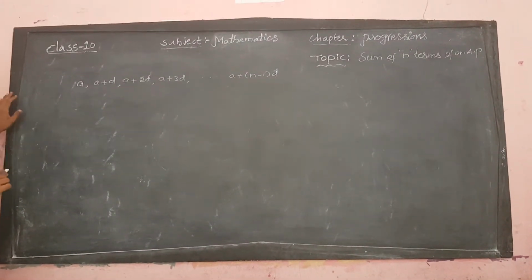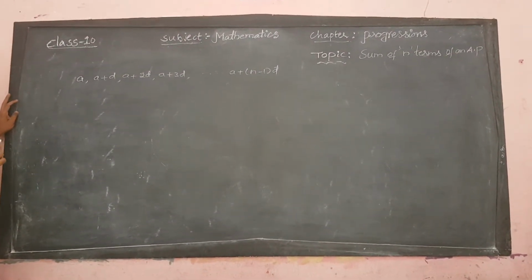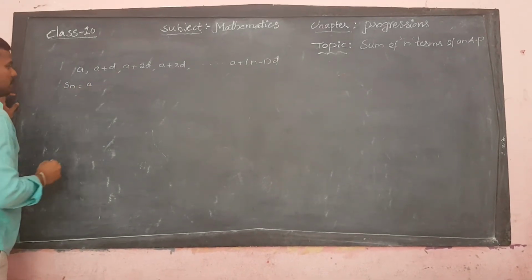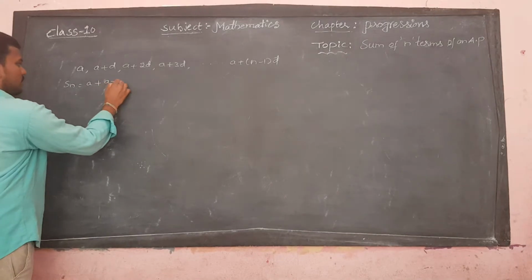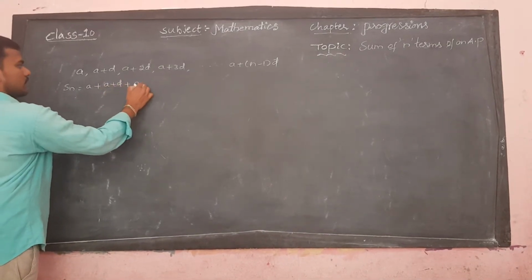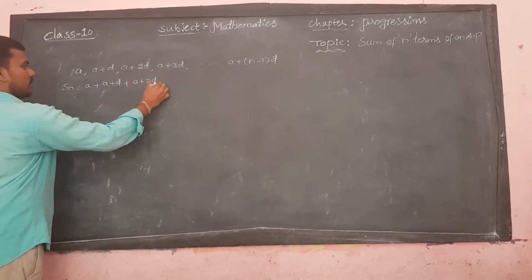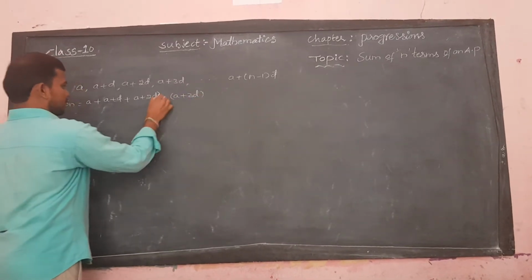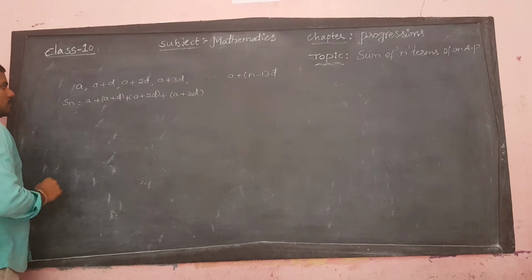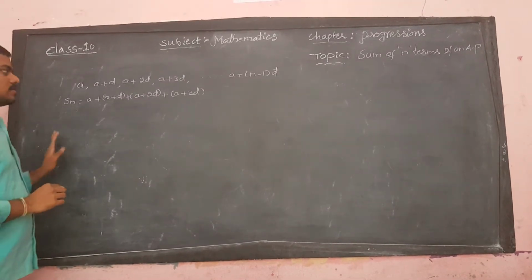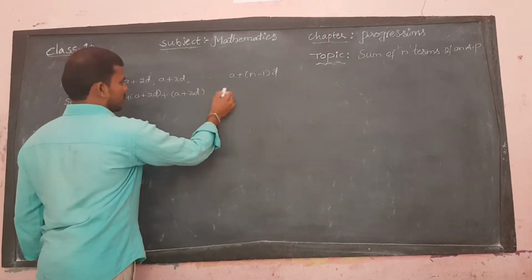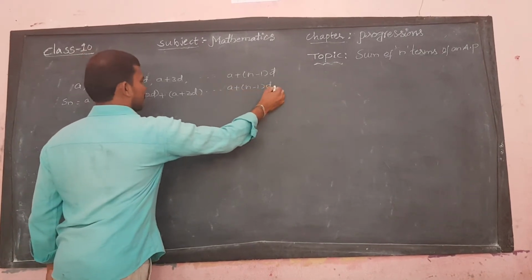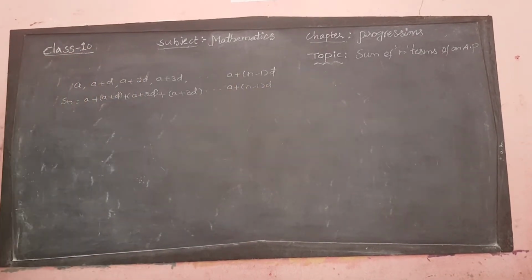These terms we have to add. So Sn is equal to a plus (a plus d) plus (a plus 2d) plus (a plus 3d), and so on, up to a plus (n minus 1) into d. All the terms are in AP.